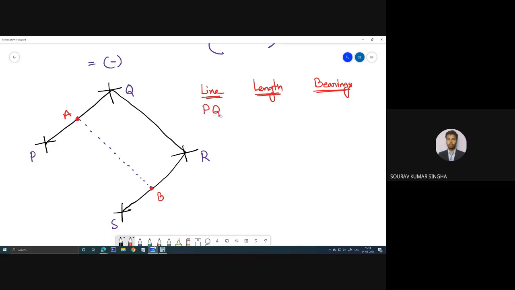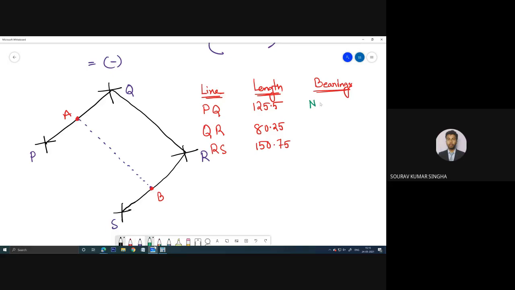PQ given, QR given, and RS also given. The lengths are 125.5, here it is 80.25, here it is 150.75, and the bearing value is also given.